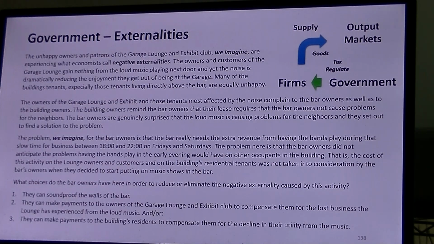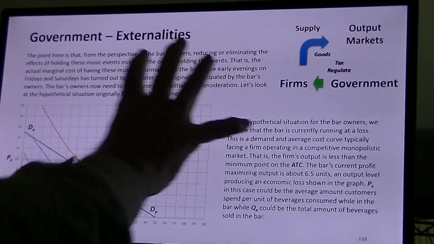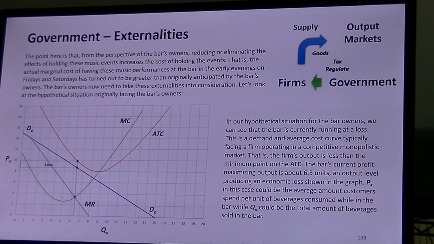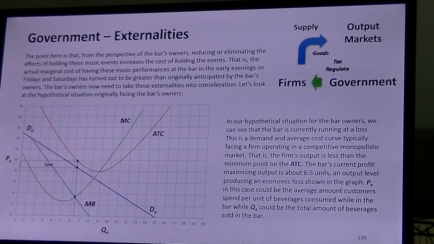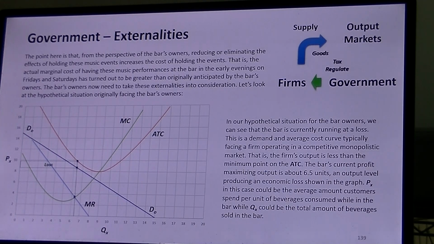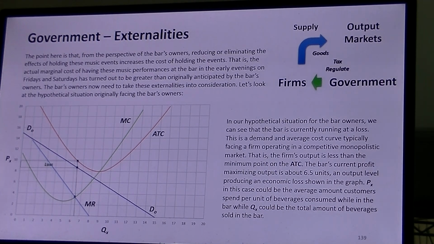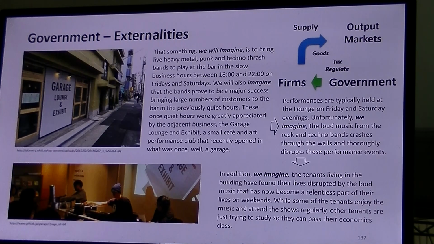In fact, we'll begin by talking about externalities and the potential role of government. Basically, government may eventually need to step in to create regulations to control the effect of that. So that's where we're going to stop.